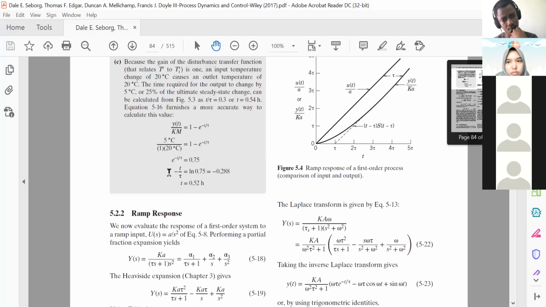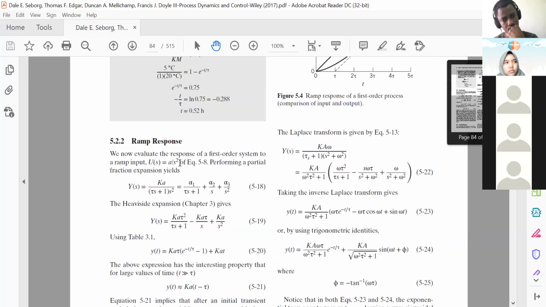Now for the ramp response, if u(t) is A times t, then U(s) will be equal to A over s squared, and you will have y(t) such as equation 5.20. When t is greater than tau, y(t) will be equal to K A (t minus tau).